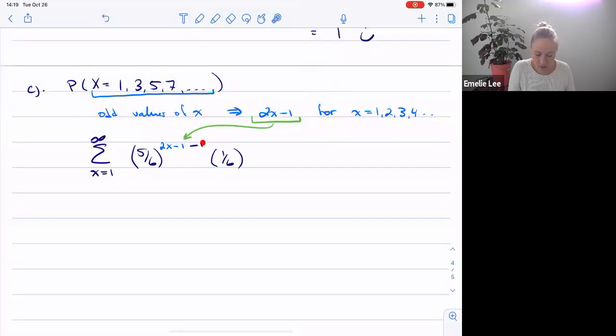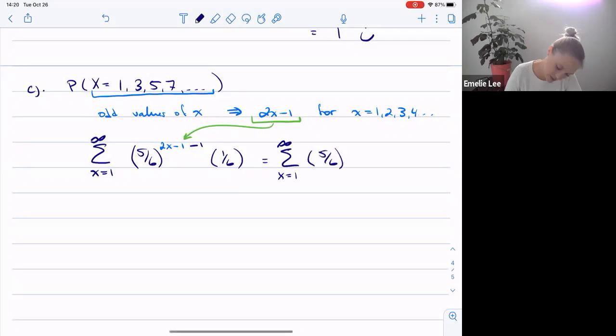So now subtracting this minus 1 is the same as starting from 0. By the same logic that we just used, k minus 1. But I'm going to rework this a little bit. So I get the sum from x equals 1 to infinity of 5 over 6 to the 2x minus 2 times 1 over 6.